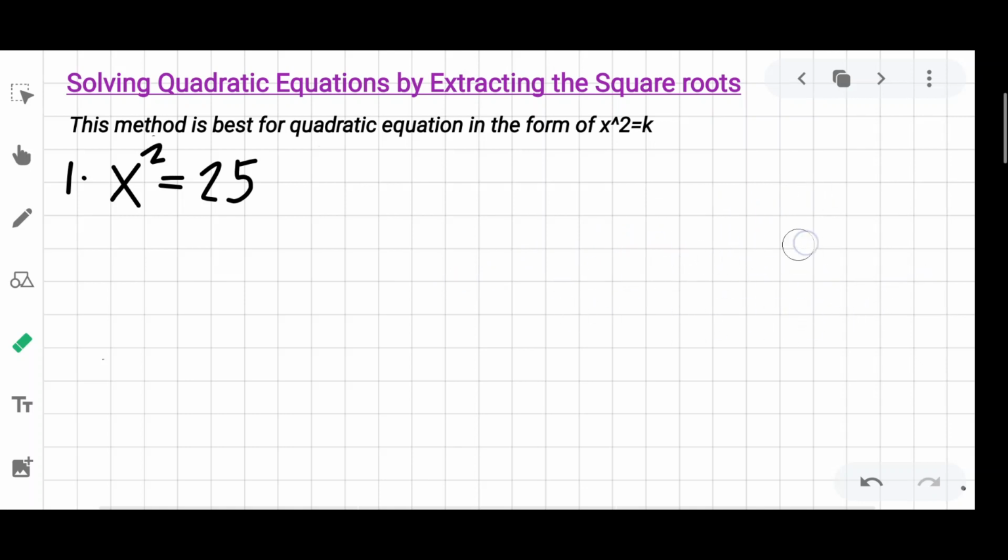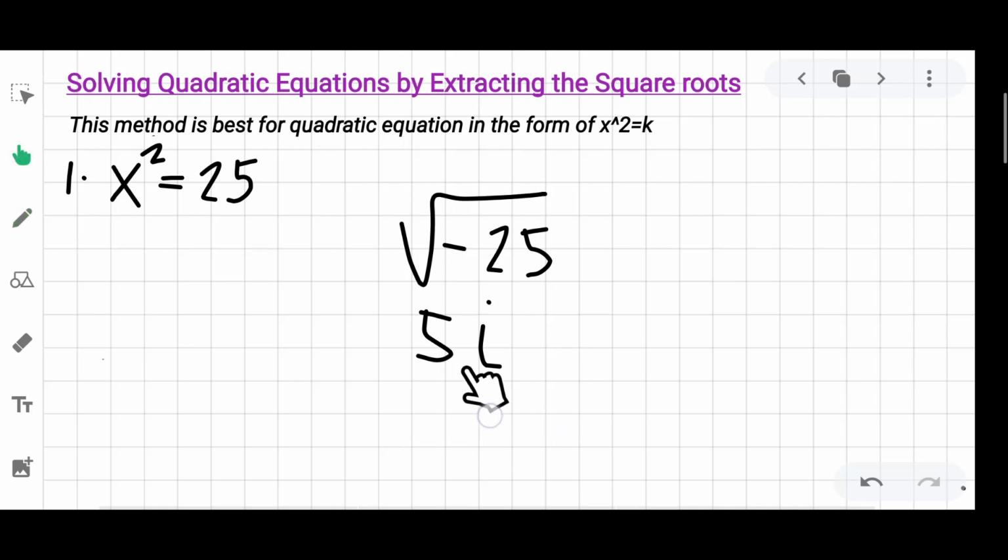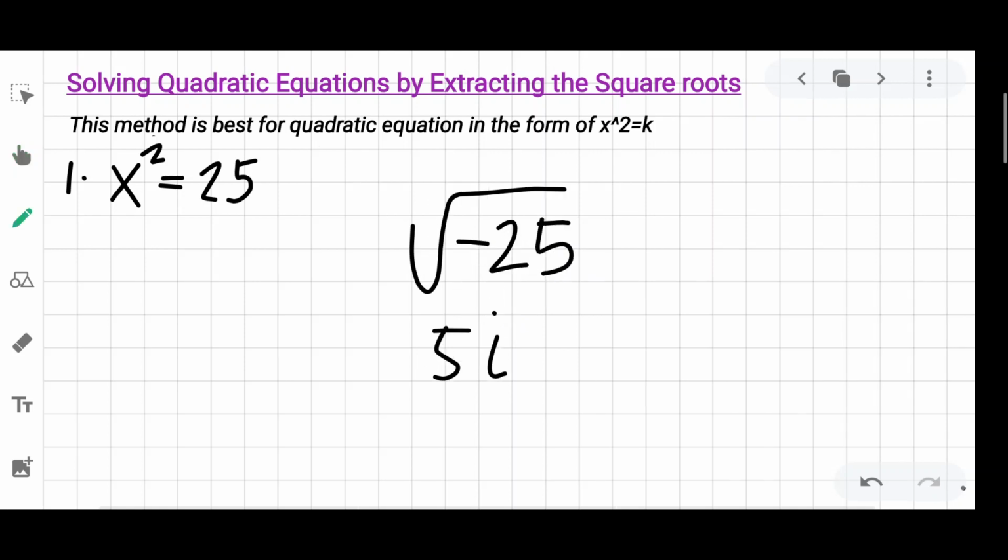Okay, so ngayon, another thing is, how about kung meron tayong tanong na kagaya nito? We have square root of negative 25. Ano kaya ang square root ng negative 25? And the answer for this is 5i. So, bakit kaya siya naging 5i? Kasi, wala tayong square root for negative numbers.